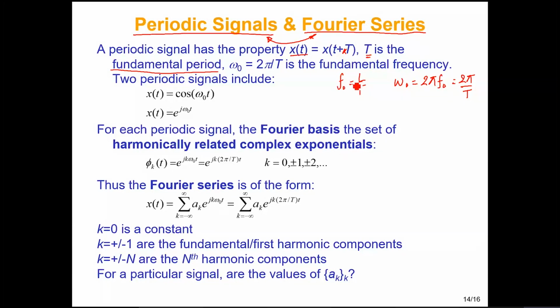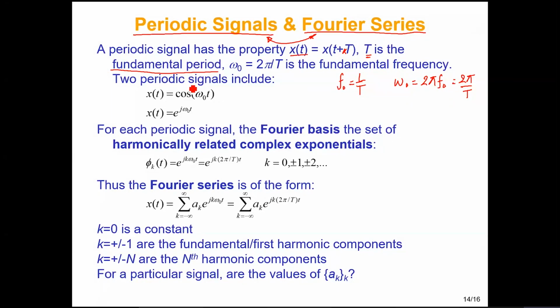If T is in seconds, f naught comes out in hertz, and omega naught comes out in radians per second. So the units are different, but this is the relationship between time period and fundamental frequency for a particular periodic signal.